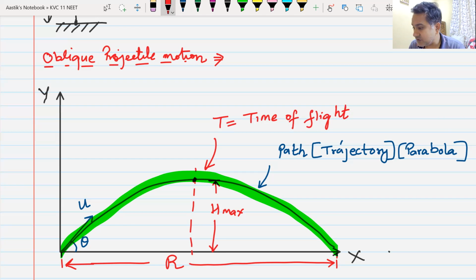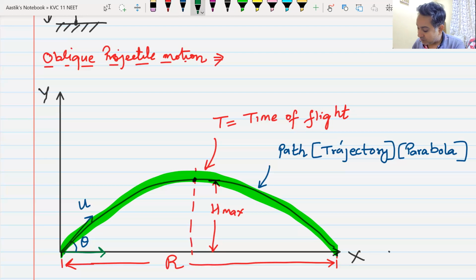What are the 2 parts in which we are going to break the motion? Motion along the x-axis and y-axis. That is correct.